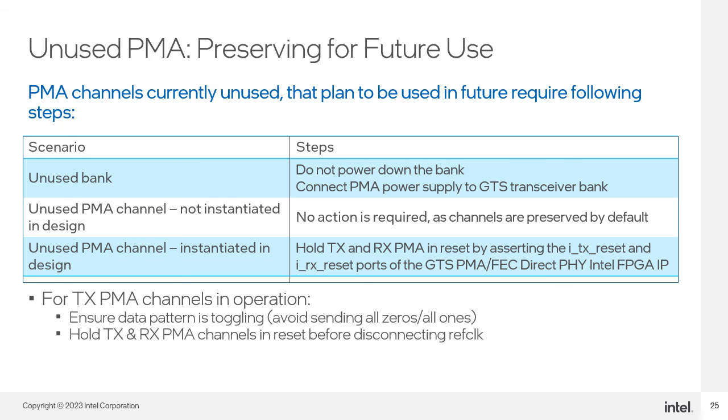The other requirement here is for those PMA channels that you have in operation. You have to make sure that the data patterns are actually toggling and not sending all zeros or all ones. You also have to hold the TX and RX PMA channels in reset before disconnecting the reference clock.